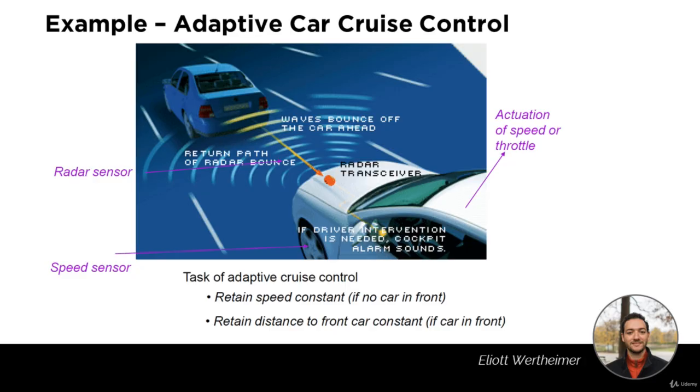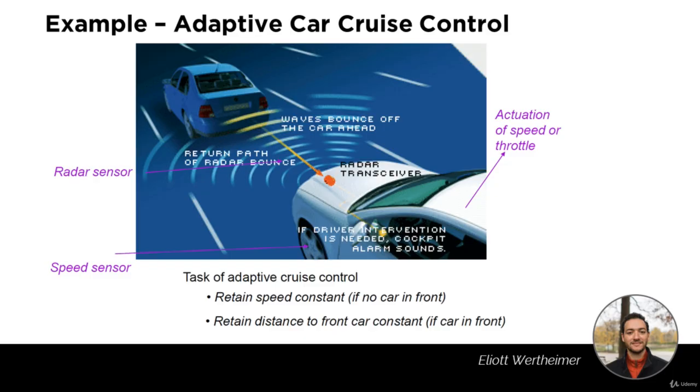It's also equipped with a speed sensor, such as a speedometer, to tell the car exactly how fast it is going. And finally, it has a throttle to actuate its speed. So it has something to play with its speed and actually change it, which is the actuator. Then it has something to tell it how fast it's actually going, and something else to tell it, okay, wait, there's an obstacle in front of you, you actually need to slow down.